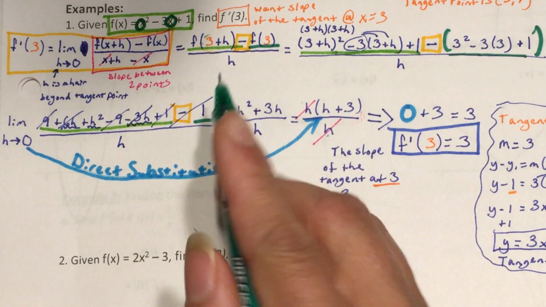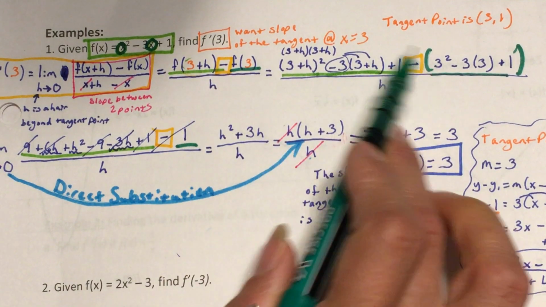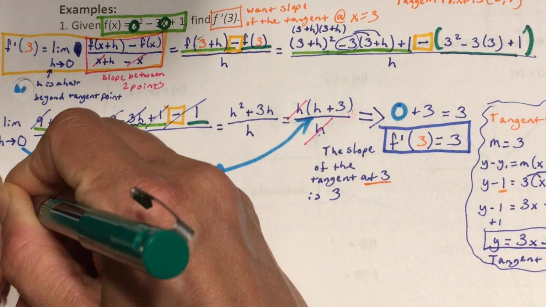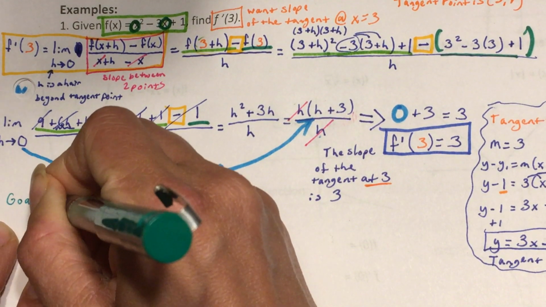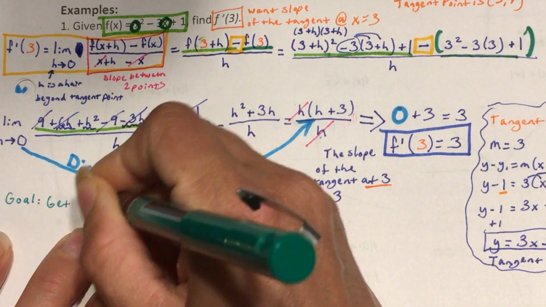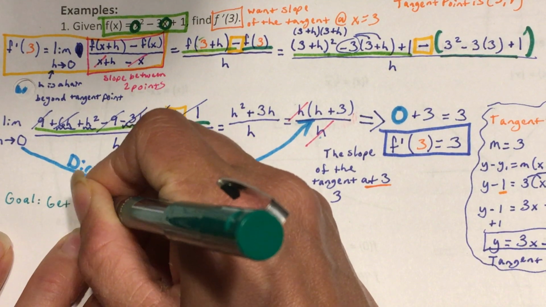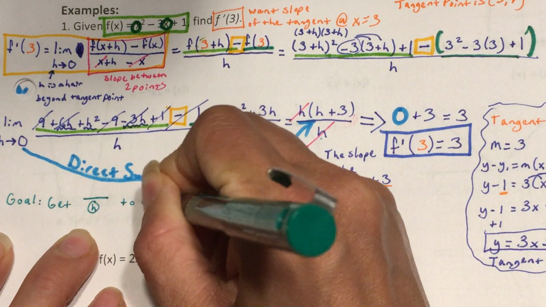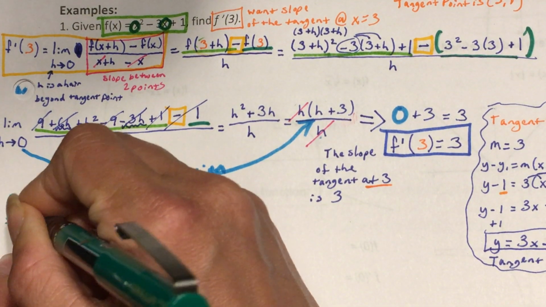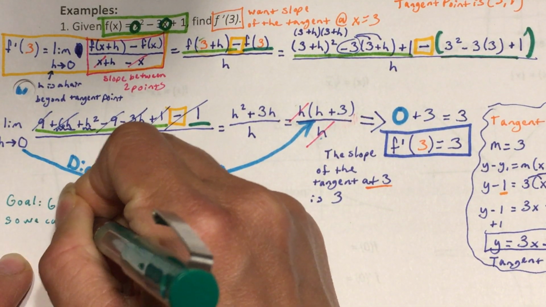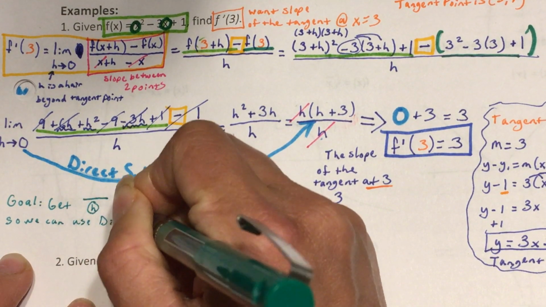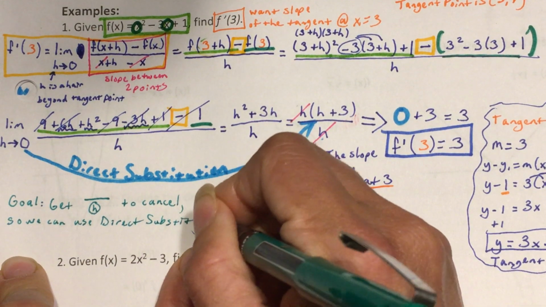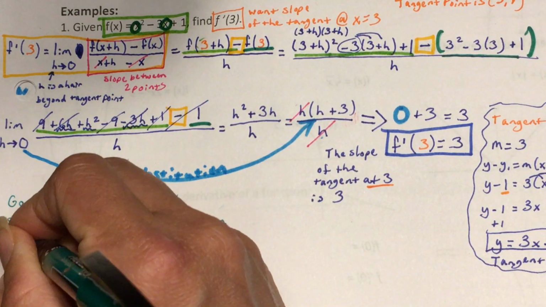And then after that, it's really just plugging in, simplifying, and then our large goal is to get that divided by h in the denominator to cancel, so we can use direct substitution to find the limit.